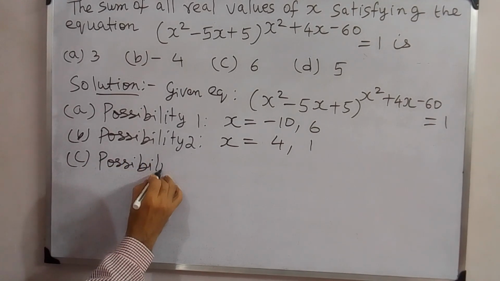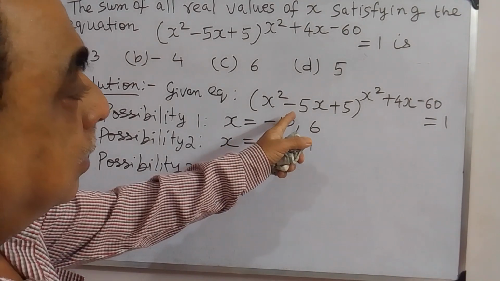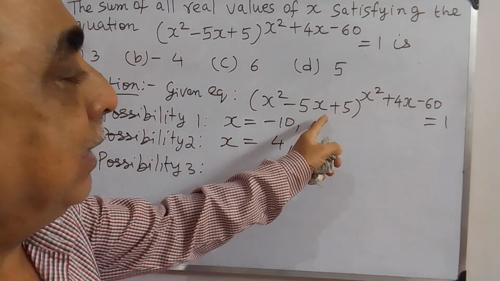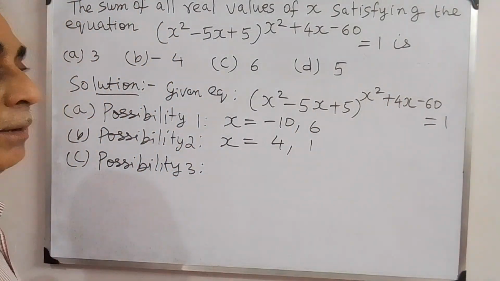The third possibility is that the base is minus 1, and when the base is minus 1, the power should be an even number.